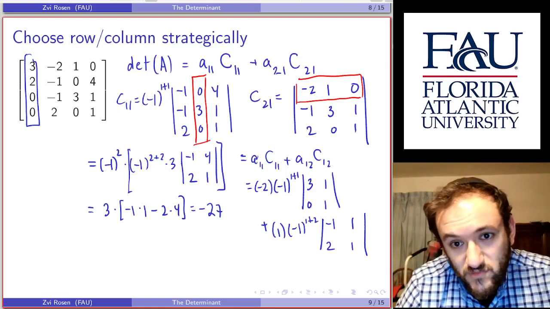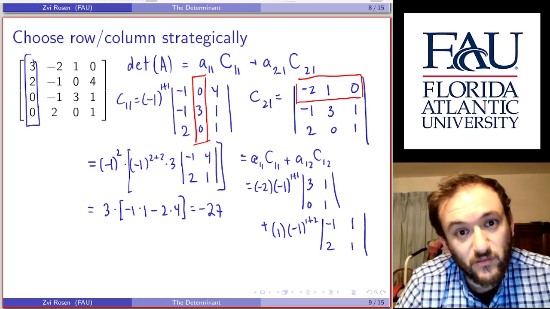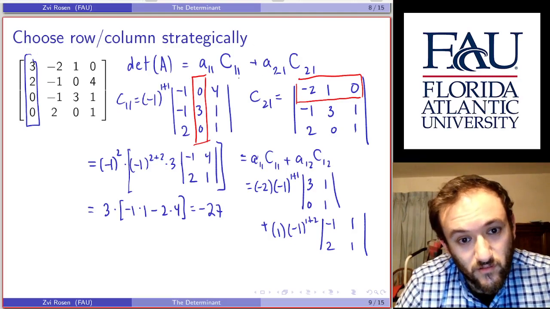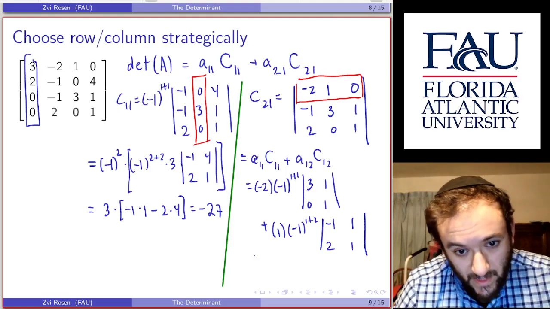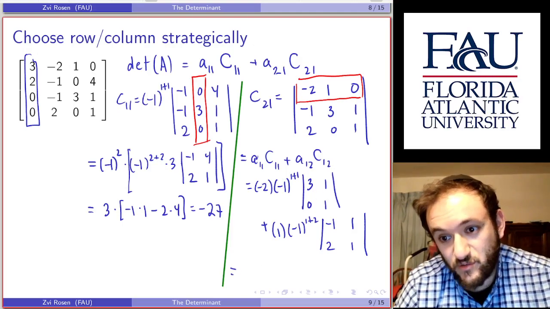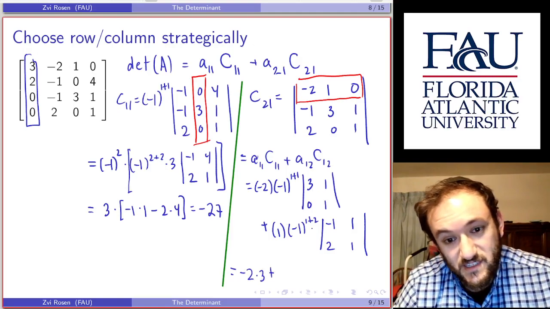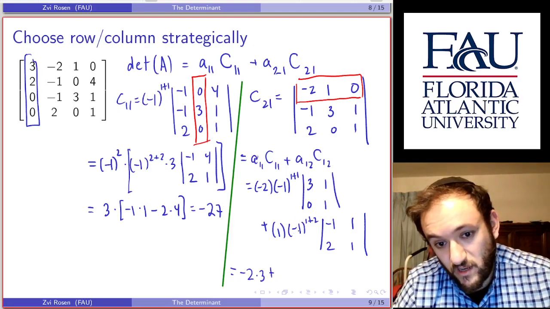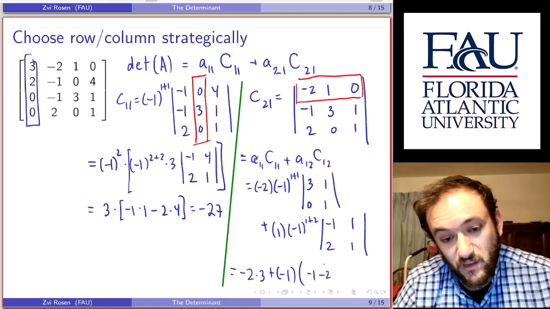And this gives us, so we have negative 2 times this determinant. You can plug in and get 3, so it's negative 2 times 3, plus this is minus 1 times negative 1 minus 2, or negative 3.